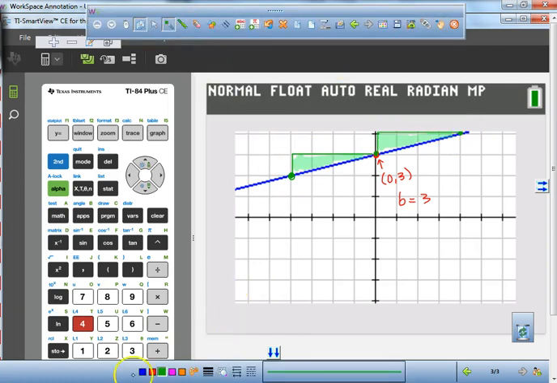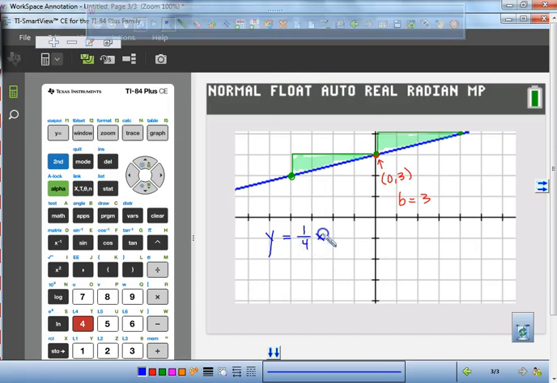So how do we write the equation of this line? y equals 1 over 4 times our x value plus the number 3. That's how you write it in slope-intercept form.